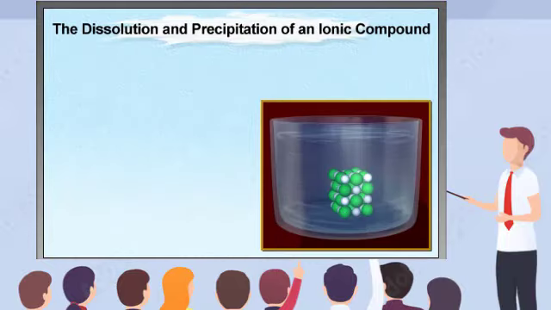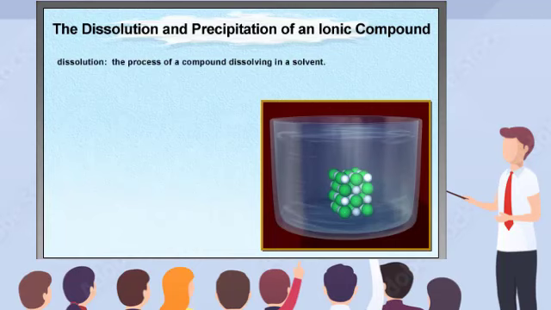The process of a compound, such as sodium chloride or sodium acetate, dissolving in a solvent, such as water, is called dissolution. When ionic compounds dissolve, they break into their constituent ions until the solution becomes saturated with them.